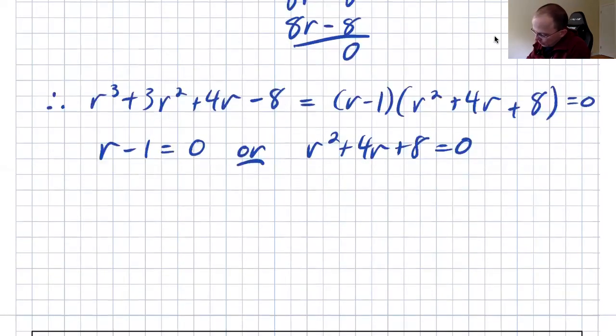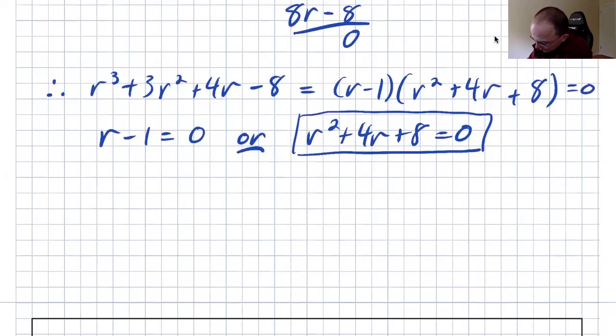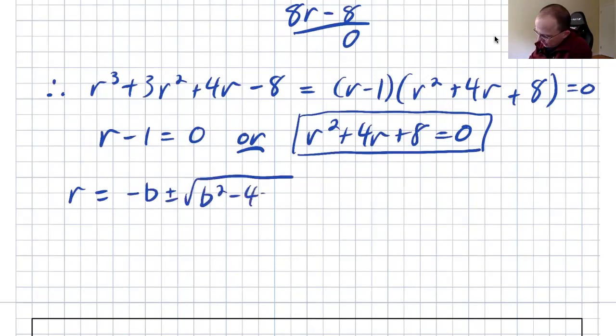Okay, so now I'm just going to focus on this piece. So we can use, again, the quadratic formula. So minus b plus or minus the square root of b squared minus 4ac, over 2a.